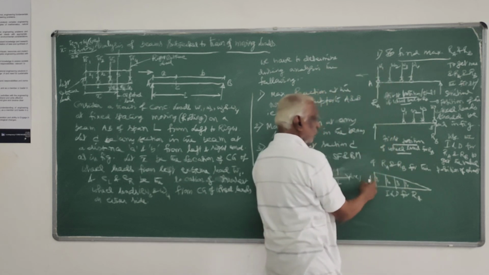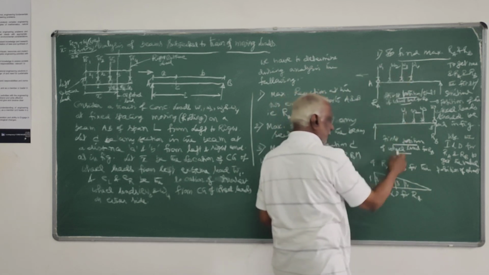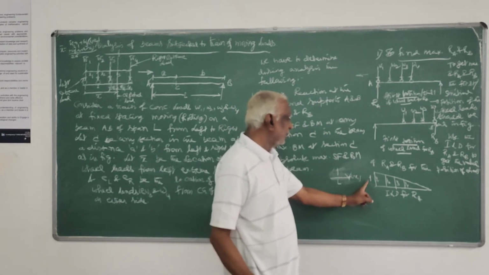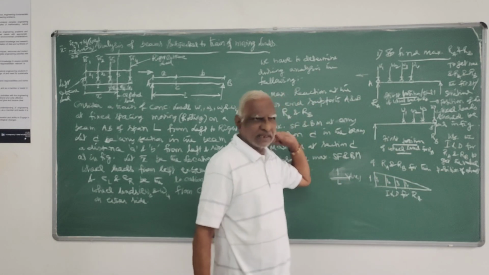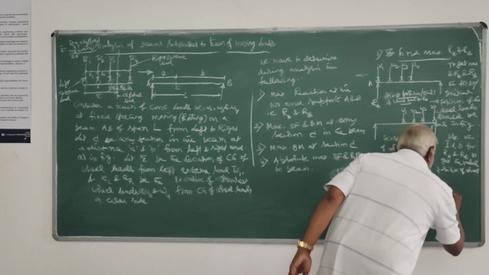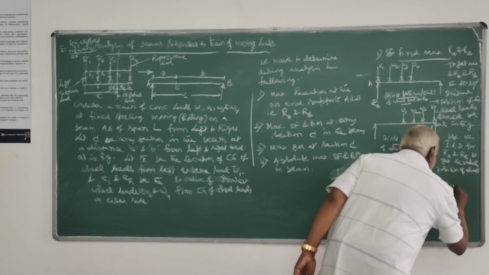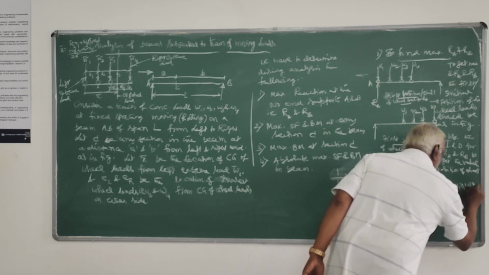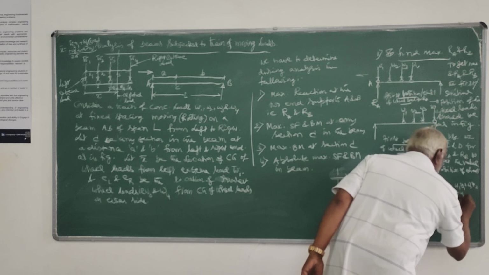Then w1 into y1 plus w2 into y2 plus w3 y3 plus w4 y4 will be your RA for trial 1. So RA for trial 1 we can work out as W1 Y1 plus W2 Y2 plus W3 Y3 plus W4 Y4.